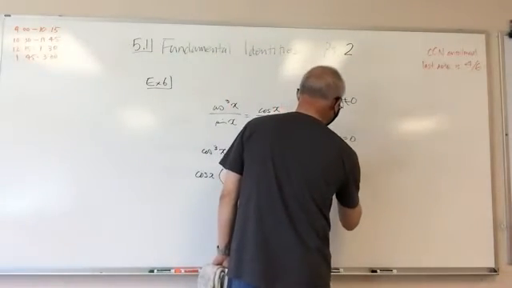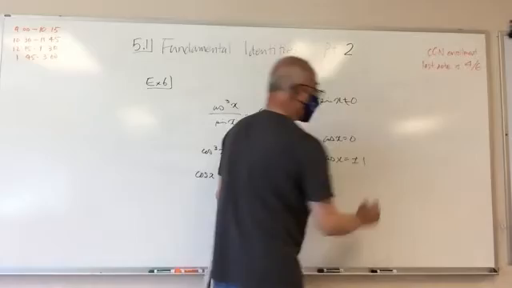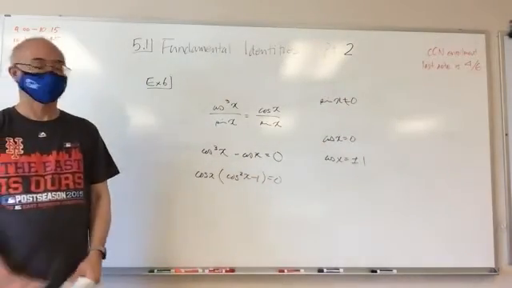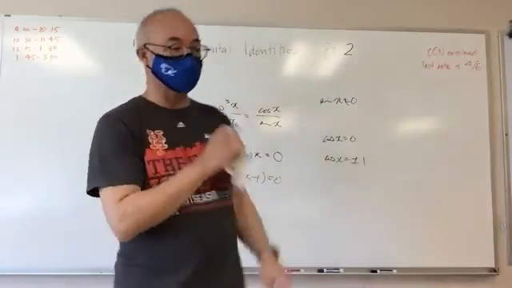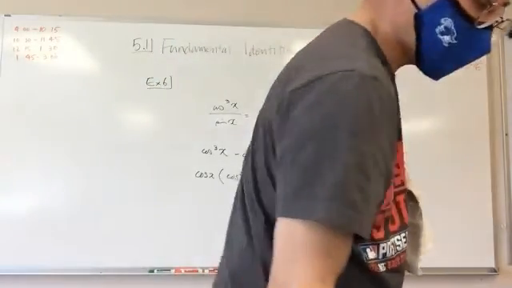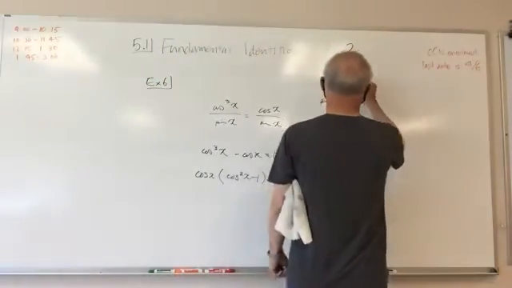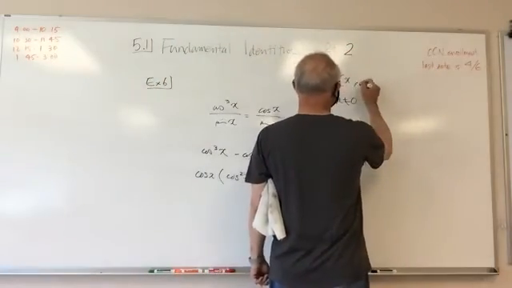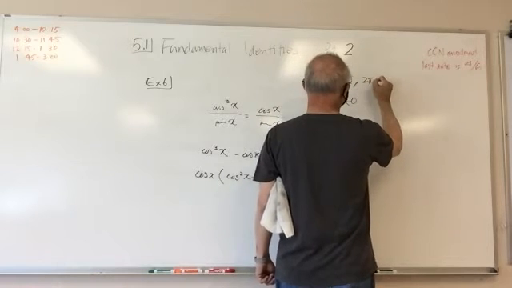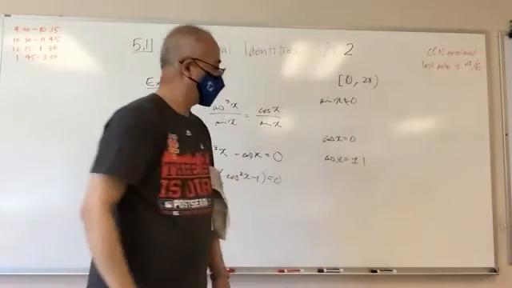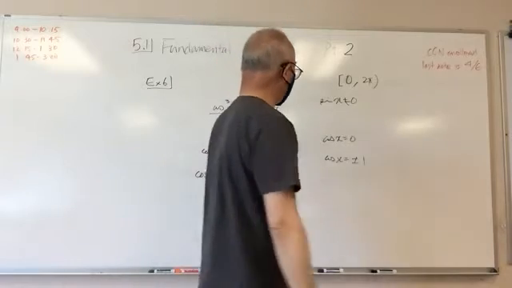Or cosine x can be equal to plus or minus 1, right? Am I given any restrictions there? Oh, x is between, by the way, x is between 0 and 2 pi.